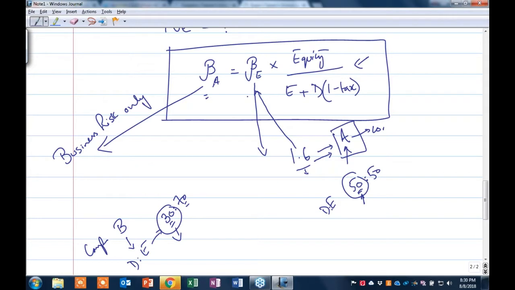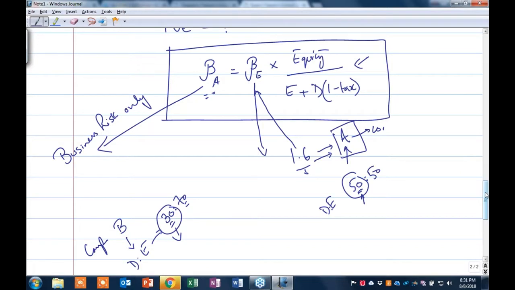So the first step will be to find out the asset beta of this company. This process is called ungearing the beta because we are eliminating the financial risk. It means we are ungearing the company and we're just taking the business risk of the company. So this process is called ungearing.